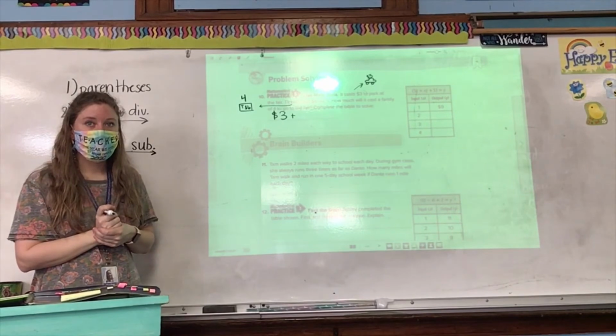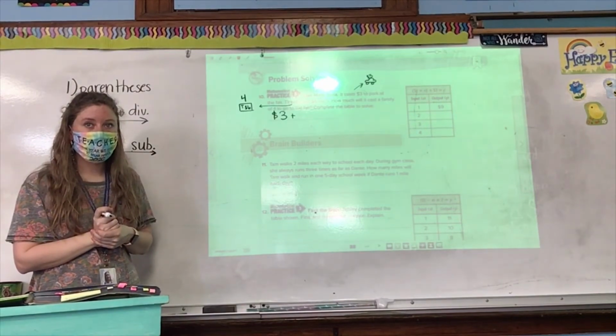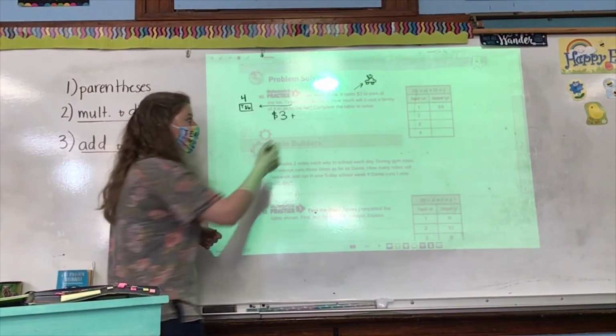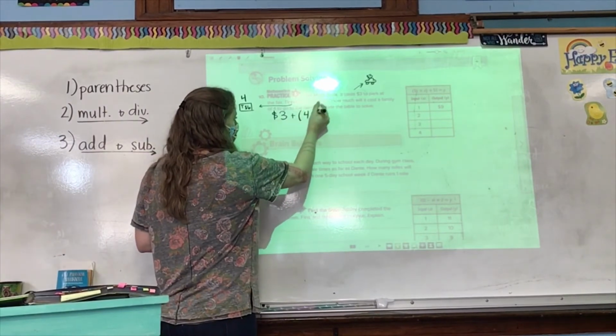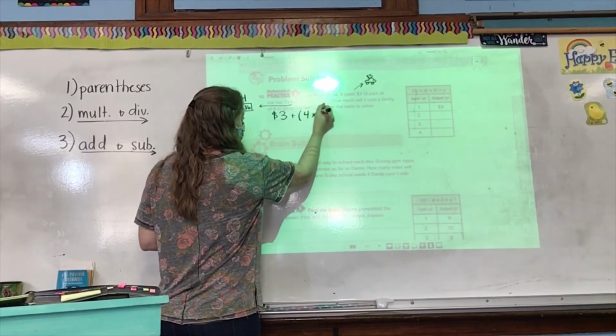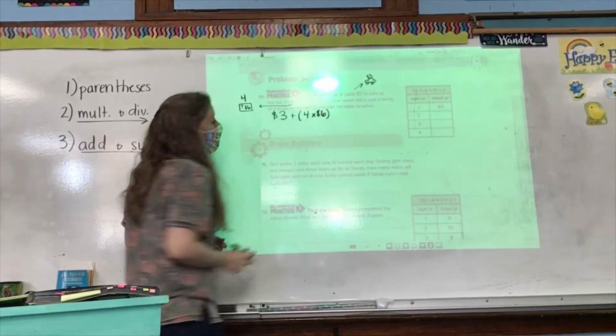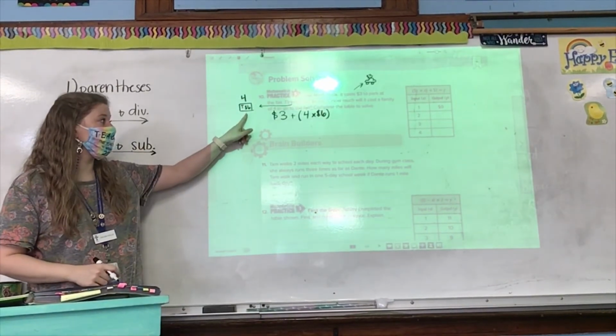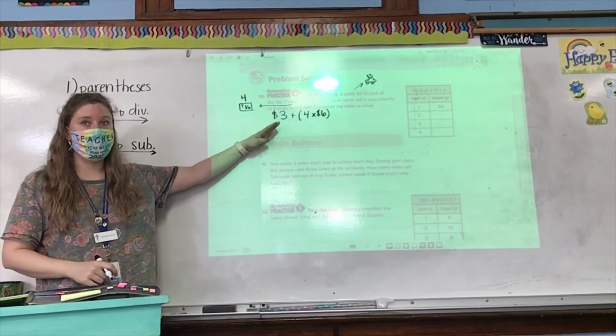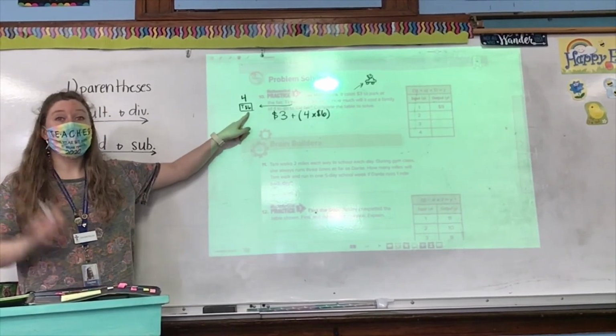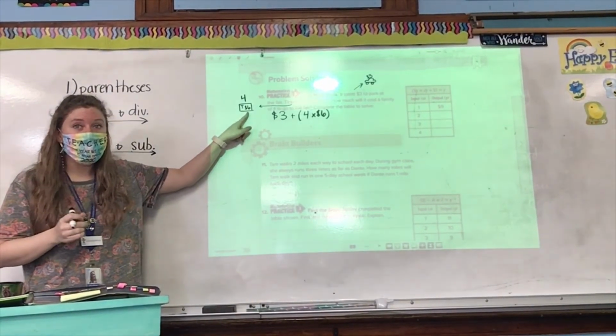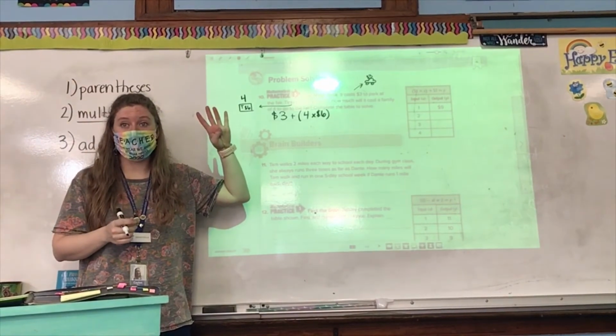We could do parentheses 4 times $6. Because remember, we don't have to write $6 plus $6 plus $6 plus $6. We're repeating this $6 4 times, 1 for each family member.